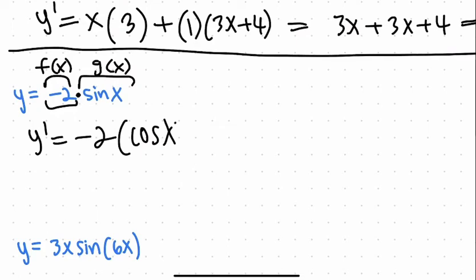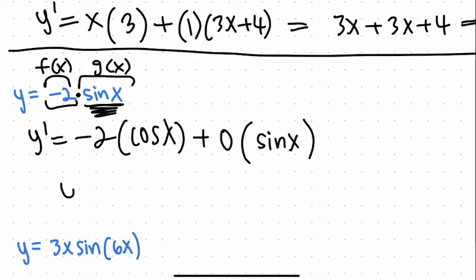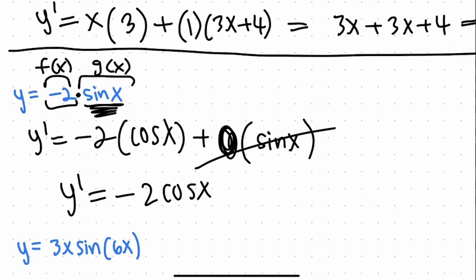And then you're going to add it to, you're going to take the derivative of f of x, which is 0, because the derivative of a number is just 0. And then you multiply it to the g of x, which you just keep the same. So your final simplified answer is going to be negative cosine of x, because this 0 cancels this whole part out.